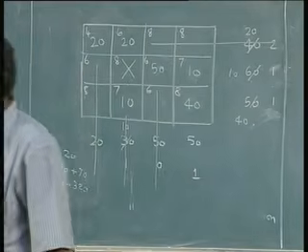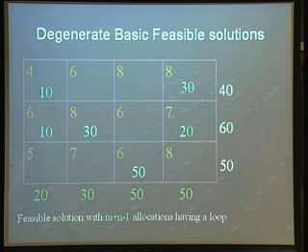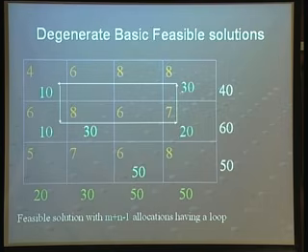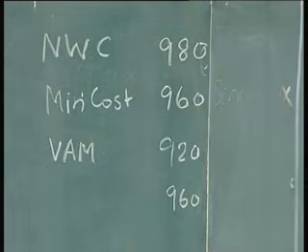Now, we do not know how we got this solution, but this solution is feasible, it satisfies the row column and it has exactly m plus n minus 1, but we need to check whether this has a loop, because we do not know whether this was obtained using any of these three or any method which does not guarantee a loop.